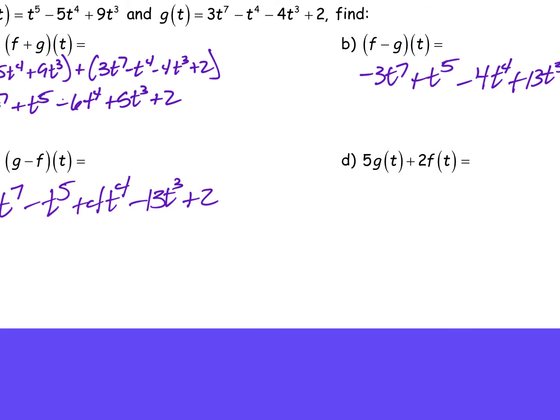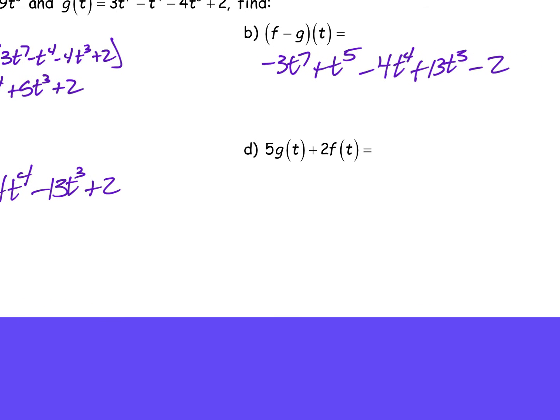And what do I do on D? You just multiply, you put the 5 on the outside as well. I'm going to multiply through by 5 on G first. Good. And then add and multiply by 2. So when I multiply, I got 15t to the 7th minus 5t to the 4th minus 20t cubed plus 10.